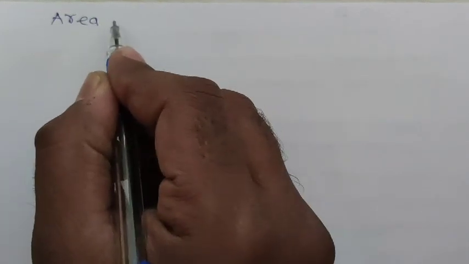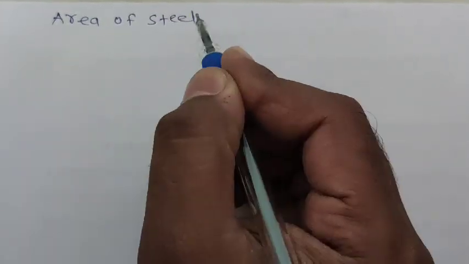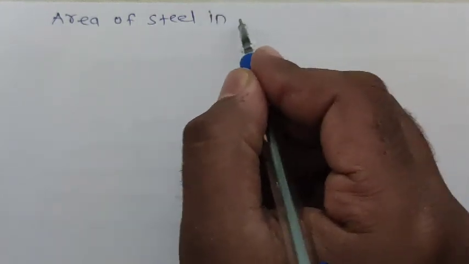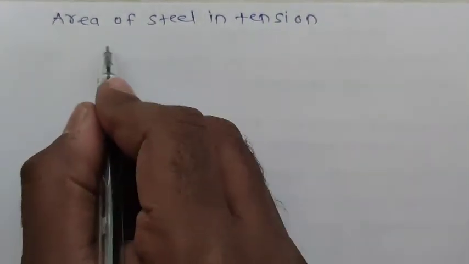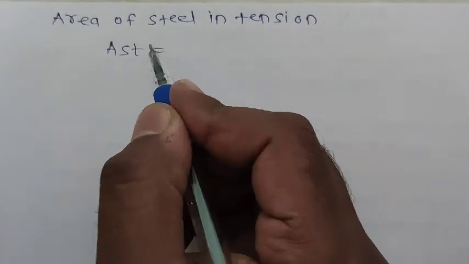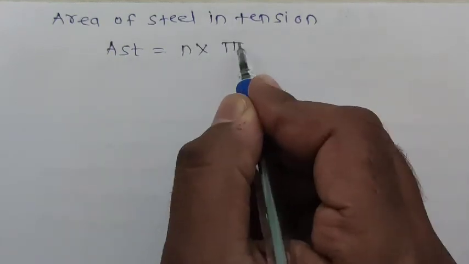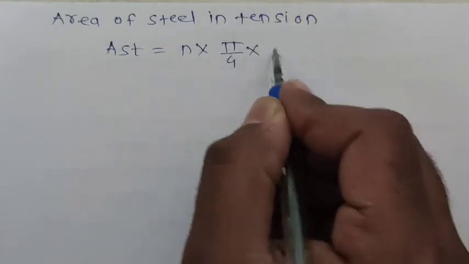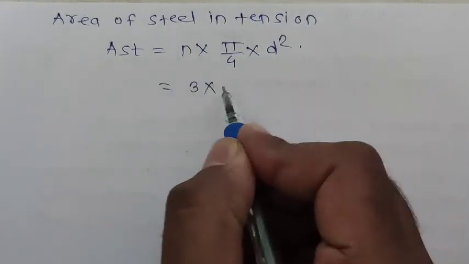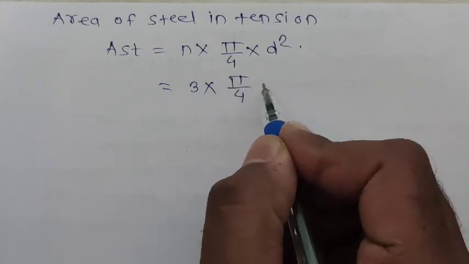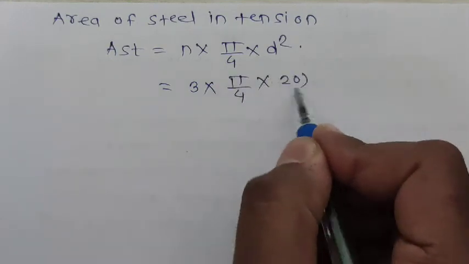Then the area of steel in tension, area AST is equal to pi by 4 d square into n, that is 3 into pi by 4 into 20 square.